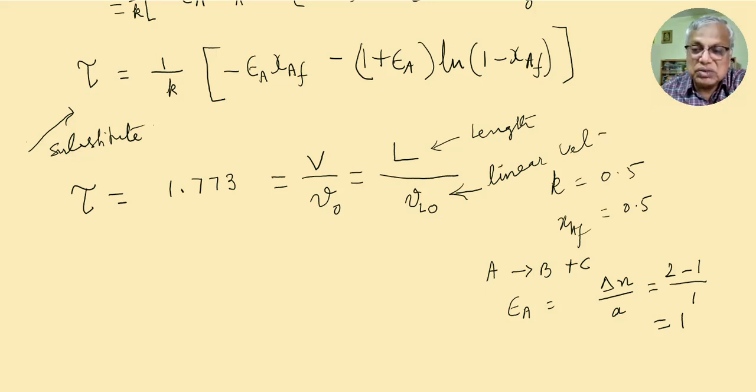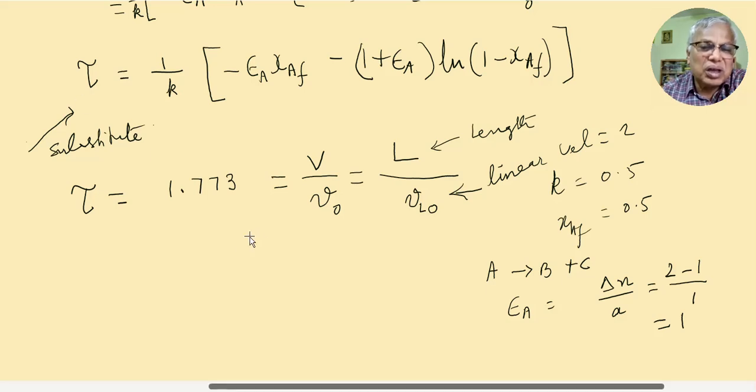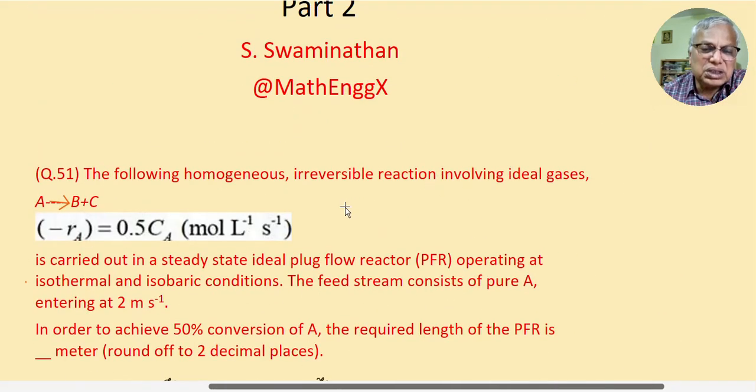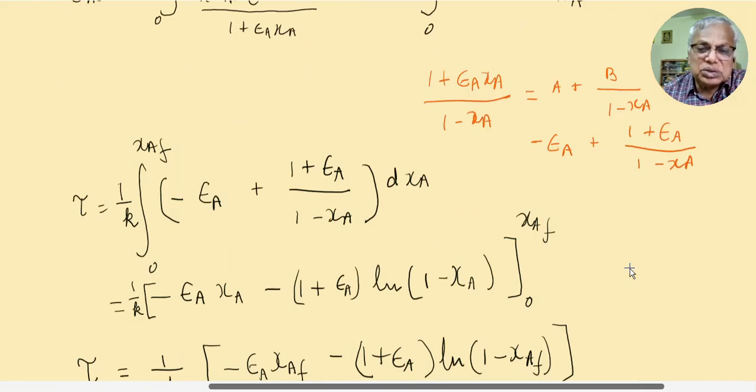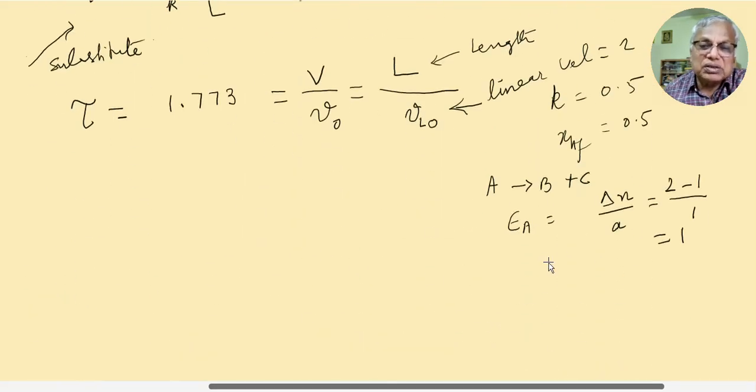Linear velocity is given as 2 meter per second. So the ratio V by V naught is the same as the ratio of length by linear velocity.